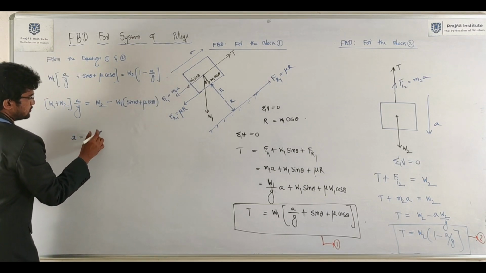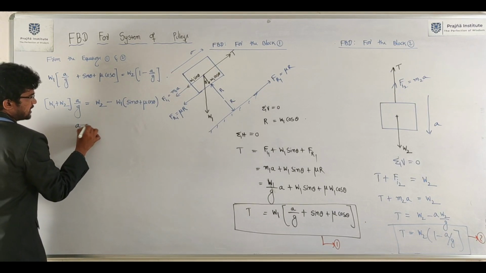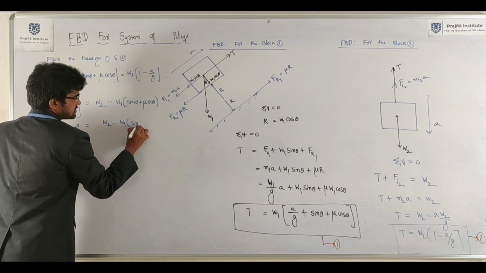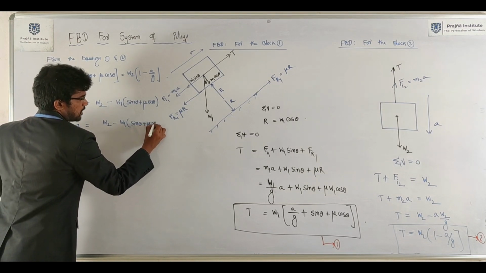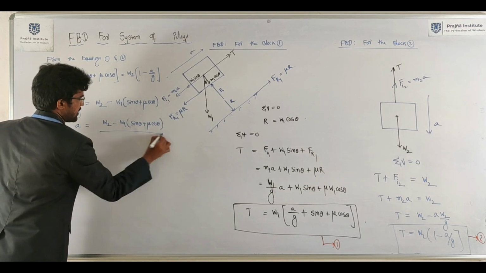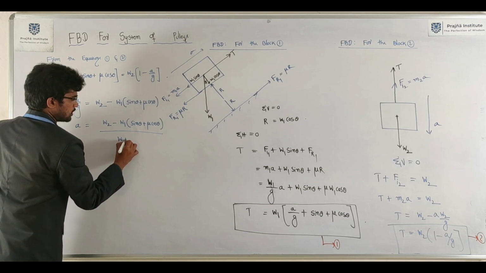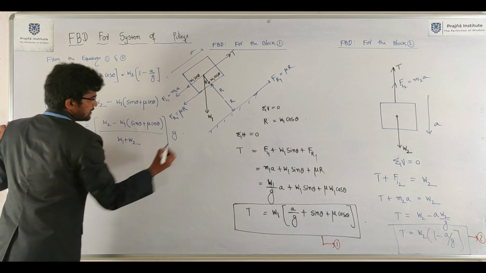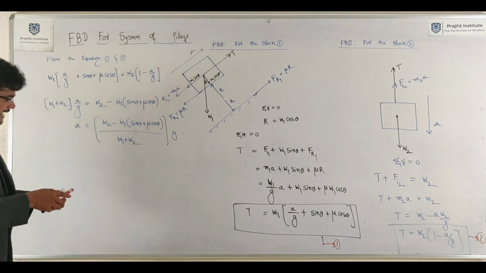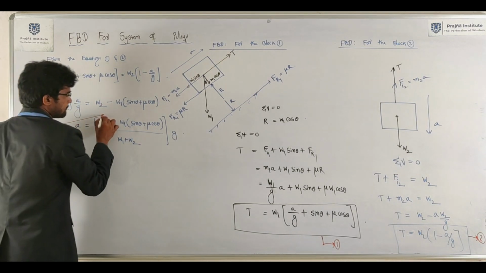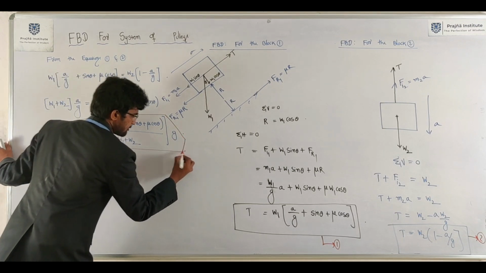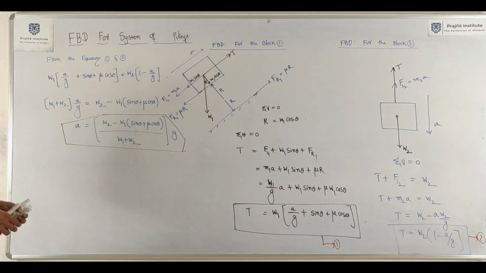A equal to acceleration equal to W2 minus W1 into sin theta plus mu cos theta, by W1 plus W2, into G. This is the expression for acceleration of the two blocks.